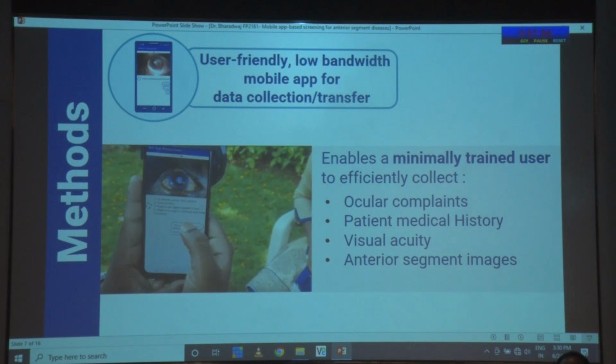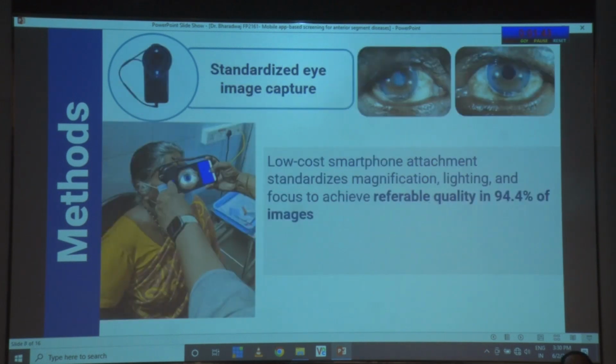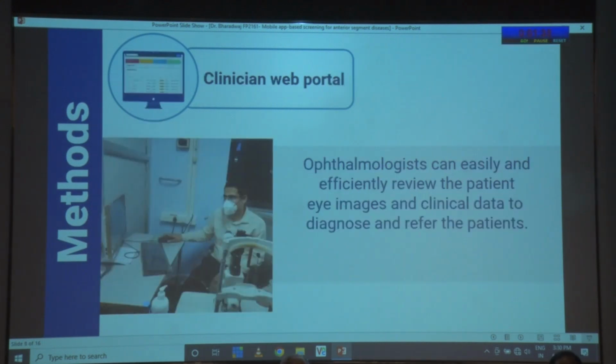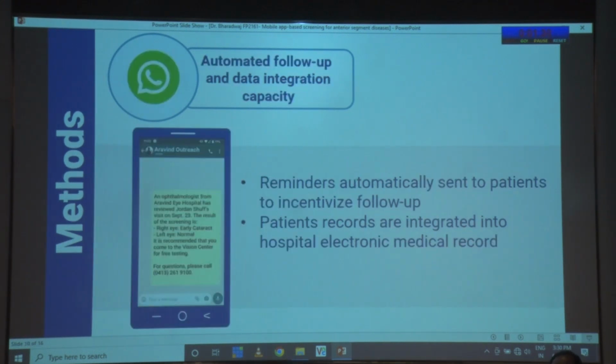We basically have an app which is user friendly and low bandwidth, very easily operable, and does not need highly trained personnel to operate it. They take the images. We have developed a second generation image capturing device that takes images of good quality, and the ophthalmologist in the base hospital reviews the data collected and, based on the need for referral, a message is sent to the patient.